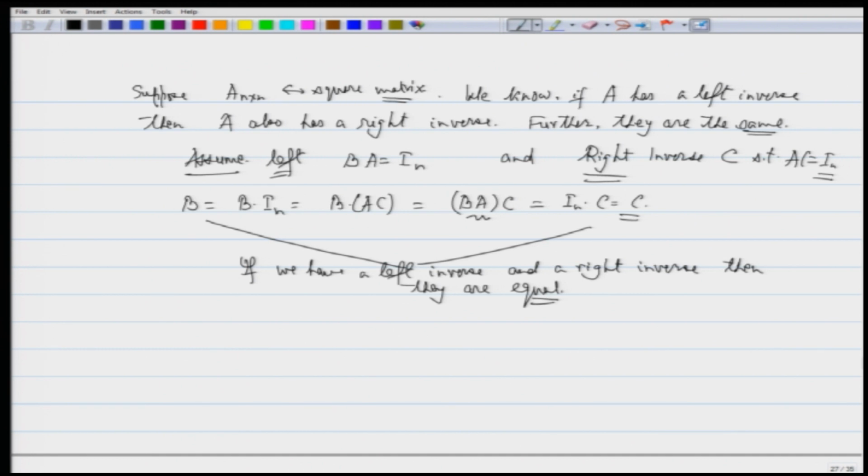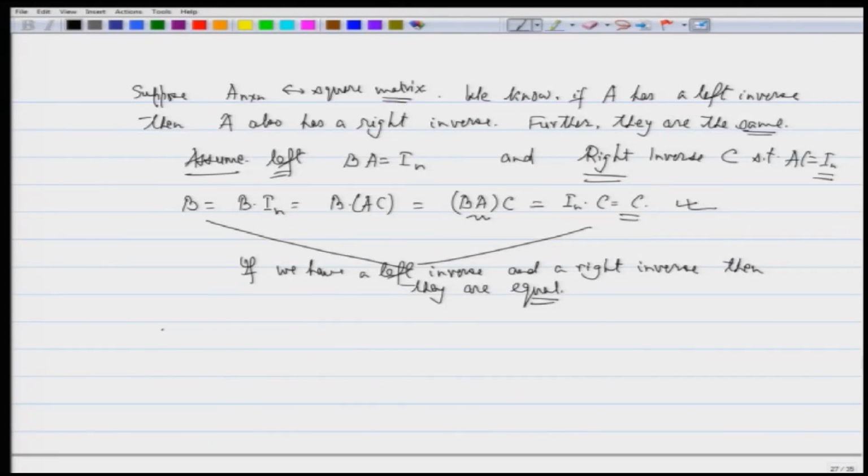We are not saying anywhere that given that we have a left inverse, that implies that it will have a right inverse, and knowing that we have a right inverse, we will get a left inverse. We are not saying that. That will come when you solve system of equations and derive results.